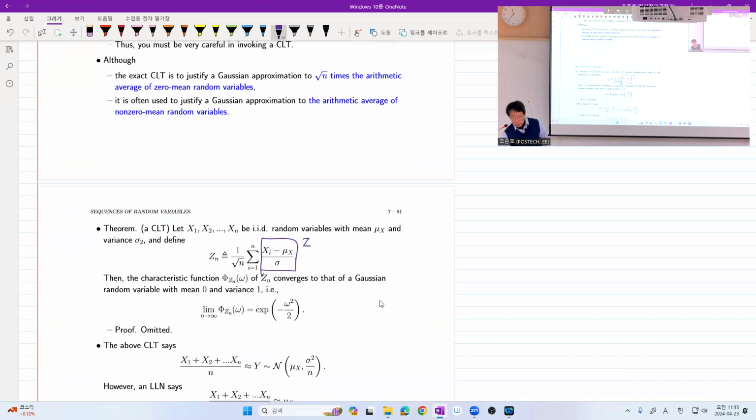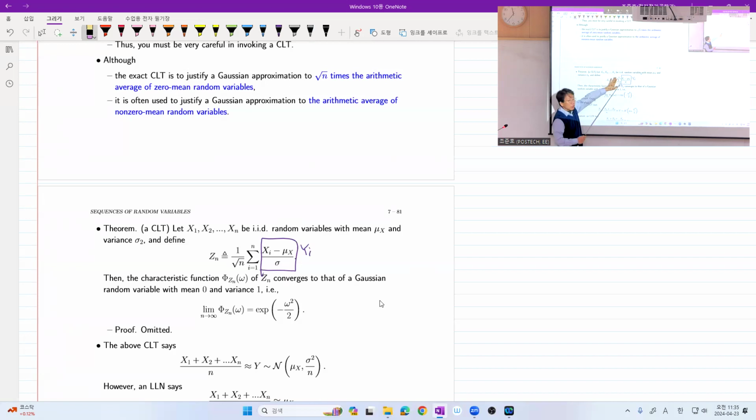So here we have, this is the z sub i. Let me see, this is not good because we have z and z. So let me say y sub i. That is the standardized version of x sub i. And then we sum up.